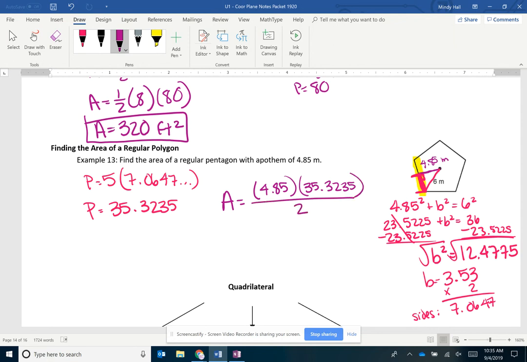So if I multiply those together, and by the way, I have not rounded at all on my calculator, I'm still letting it do all of the work. So when I multiply those numbers together and then divide by 2, I get that my area is about 85.659. So if I rounded to the nearest hundredth, I would say 85.66 meters squared.